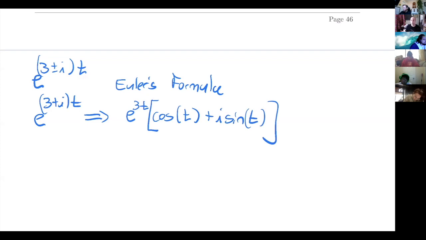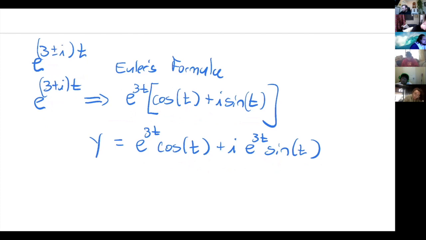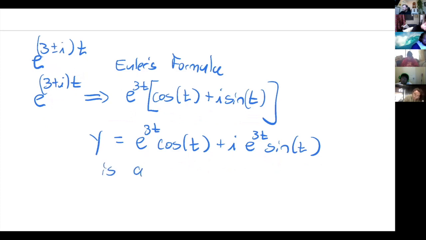So using Euler's formula, we would know that is a solution. And let me just distribute that e to the 3t. So that would give us a complex solution.